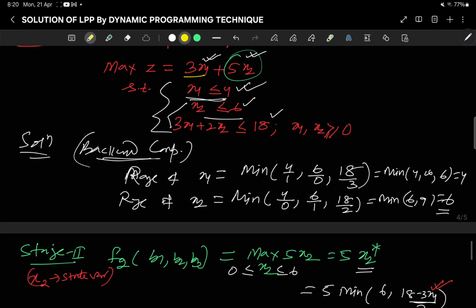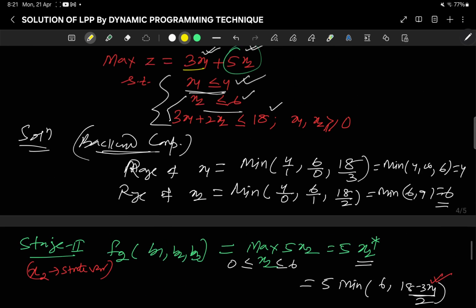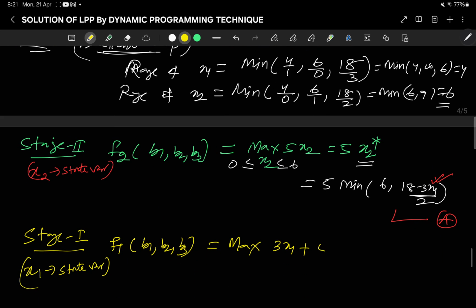It is the maximization of 3x1 plus 5x2, but for x2 we have already considered the optimal value. And what is the range of x1? Here x1 ranges from 0 to 4, 0 less than x1 less than 4.